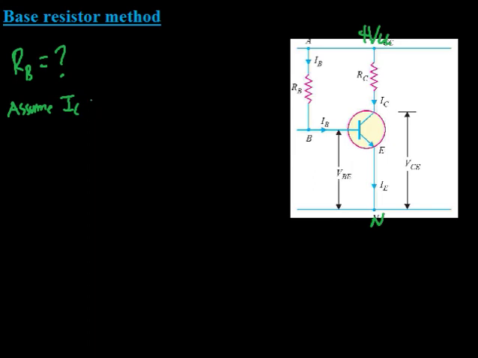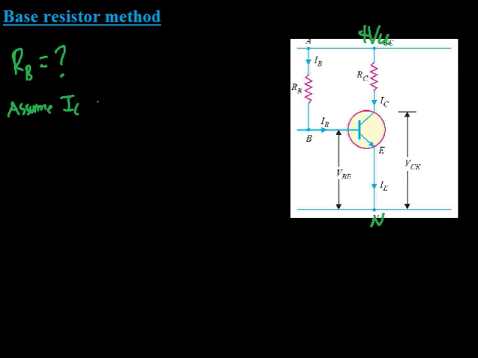This value is obtained by taking the peak value of the input signal during the negative half cycle, which gives the base current, and this will be multiplied by beta.